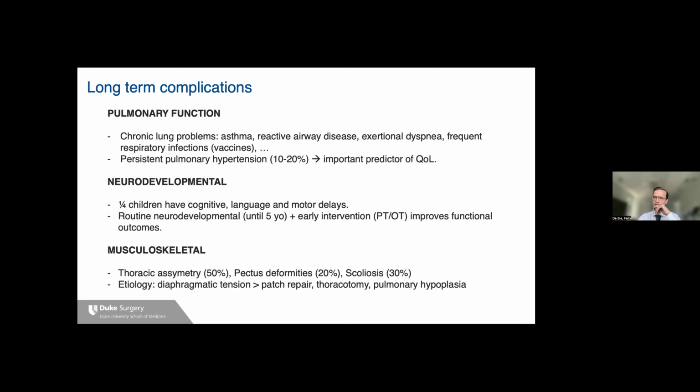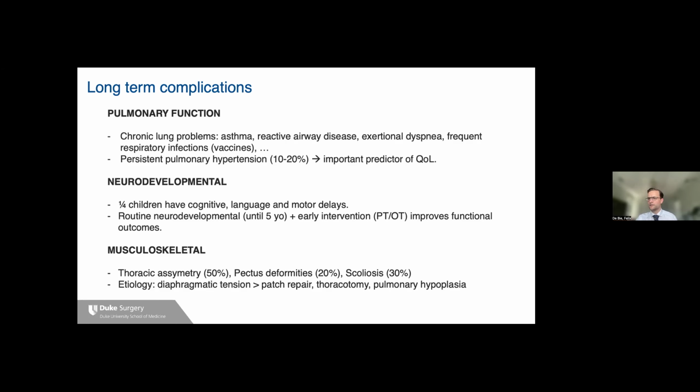And last but not least, 50% of those kids will have thoracic asymmetry, 20% will end up with significant pectus deformities, and 30% have a clinically significant scoliosis, which is something Dr. Antil studied and published on.